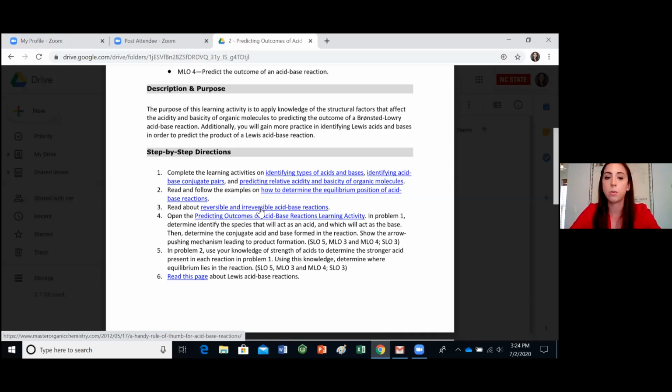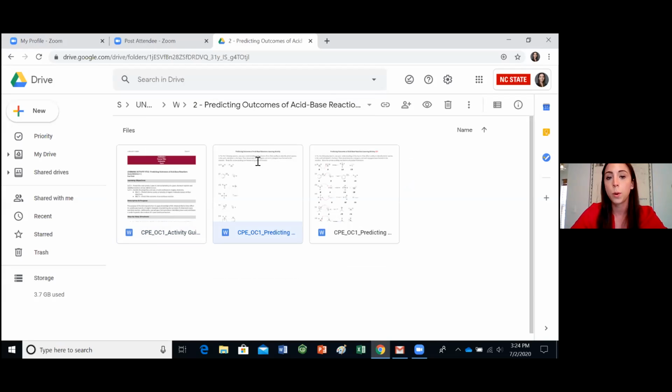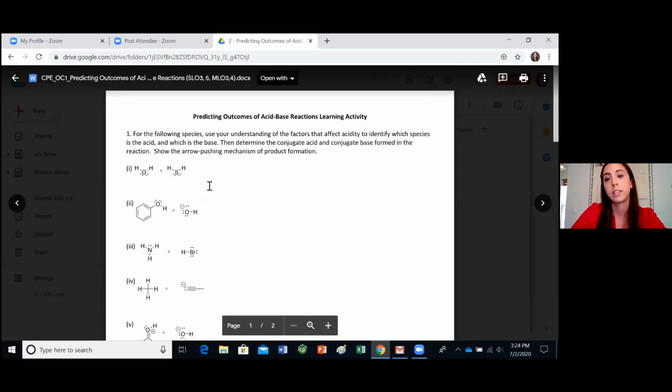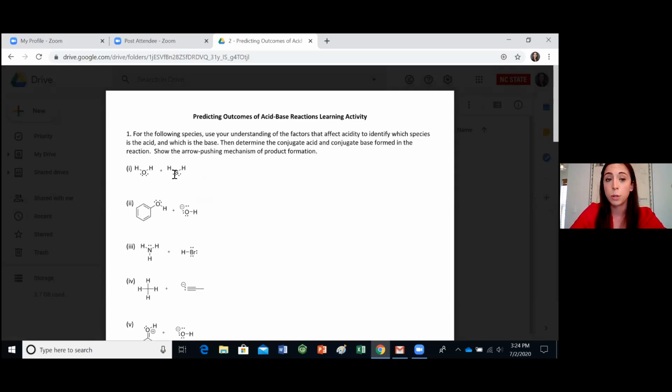After completing those steps, the students are led to the learning activity sheet, which is predicting the outcomes of these acid-base reactions. I can bring that up here quickly, where we'll see that the first problem is focused on identifying, of the 2 species given, which is the acid and which is the base, and then determining the outcome of that reaction.